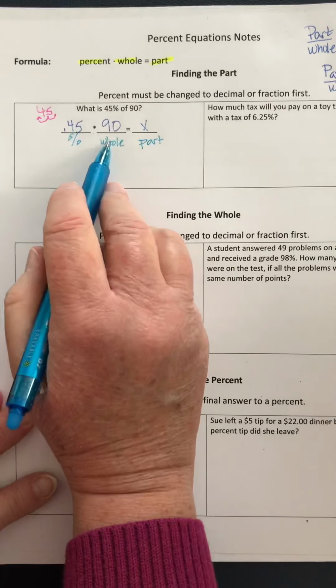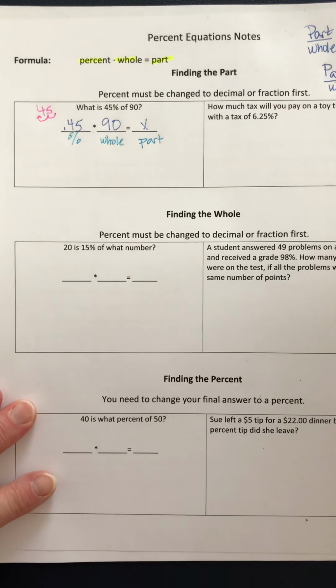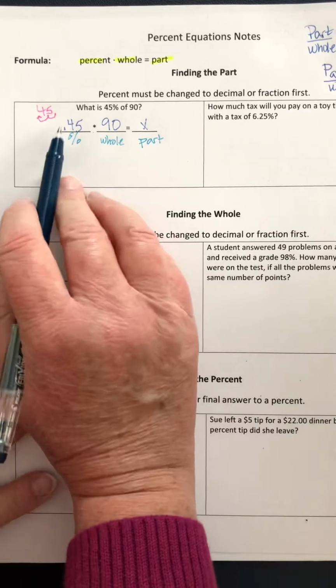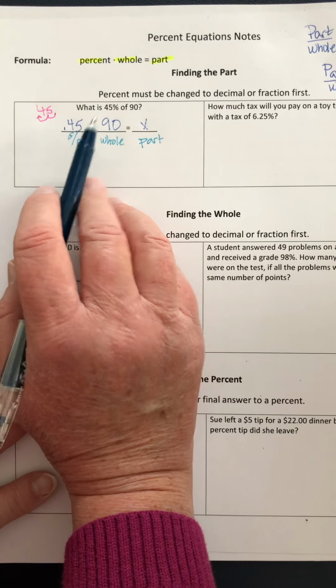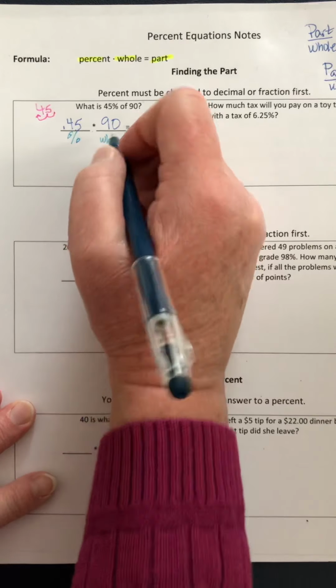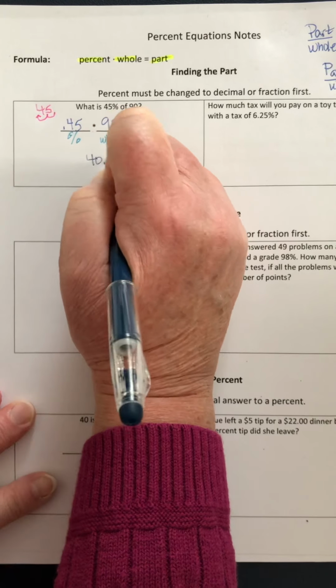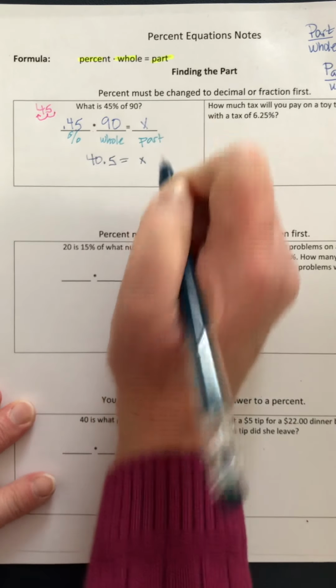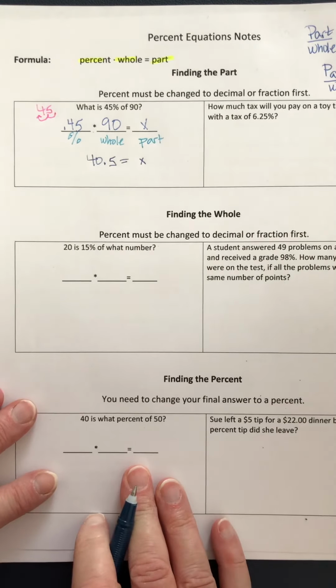So my percent times my whole equals my part. So 0.45 times 90 equals 40.5. So my part is x. So 45% of 90 is 40.5. Okay? All right, next one.